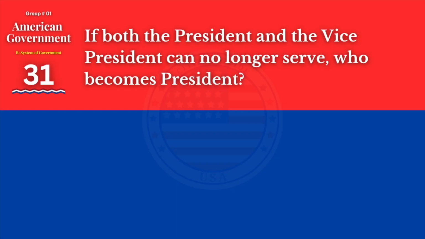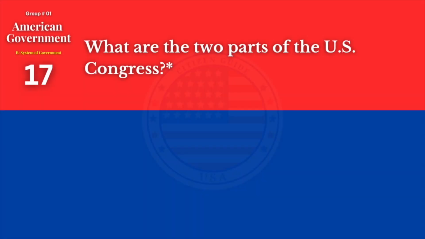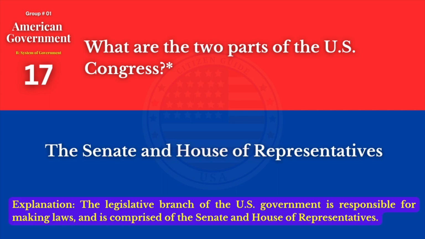If both the president and the vice president can no longer serve, who becomes president? The Speaker of the House. What are the two parts of the U.S. Congress? The Senate and House of Representatives.